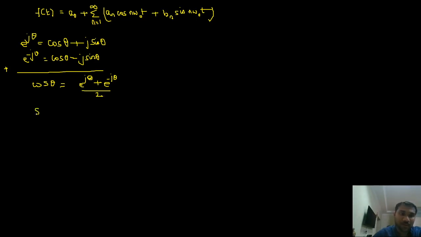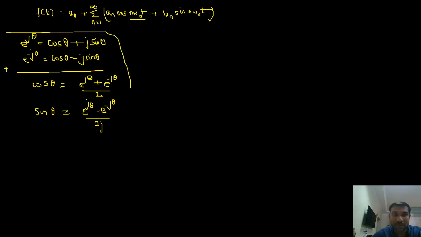Similarly, sin theta has the formula (e^(jθ) - e^(-jθ))/2j. So instead of theta, I have here nω₀t. Let me substitute these relations in this formula.